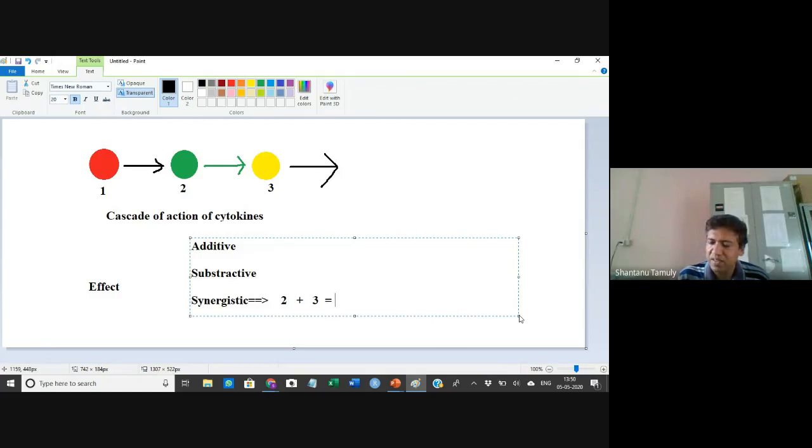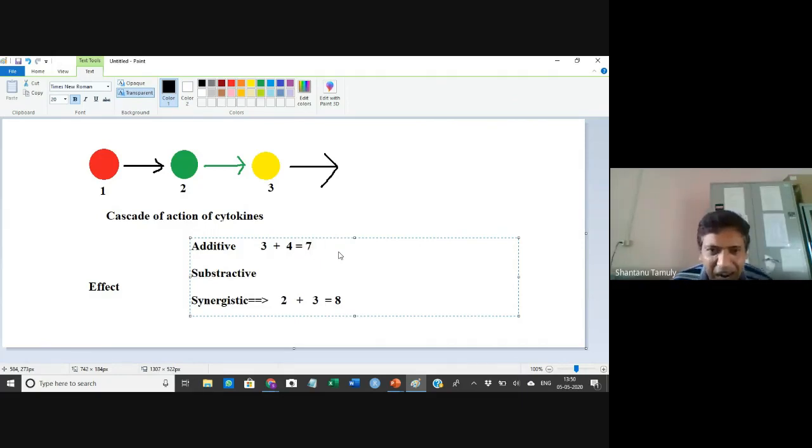Say it will be 8. This is called synergistic effect. In case of additive effect, supposing that one has given the effect of 3 units, another has given 4 units, then the total effect will be 7 units.